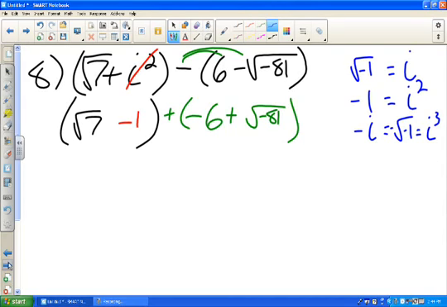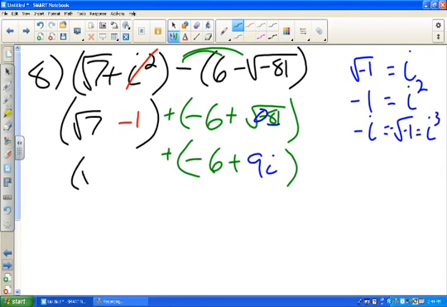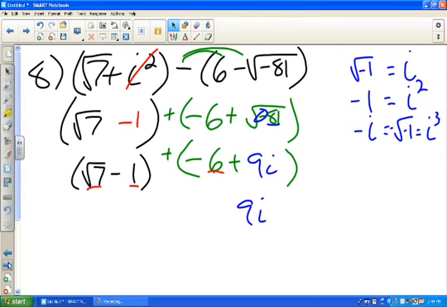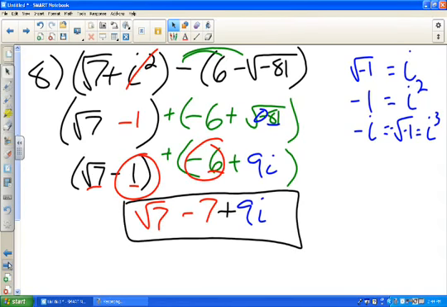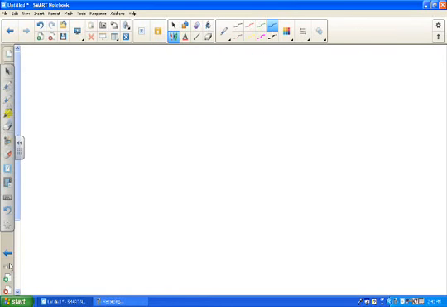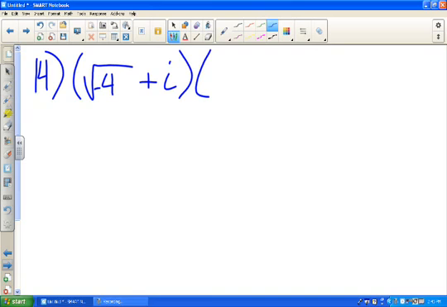We just go through wherever there's a certain power of i, we remove it. If there is a negative square root, we pull out the negative. And when we're done, we add up all of the real numbers and leave the imaginary parts by themselves. Now, to get an exact value, we do not approximate square roots. We just leave them as they are. So square root 7 minus 7 plus 9i is the answer.